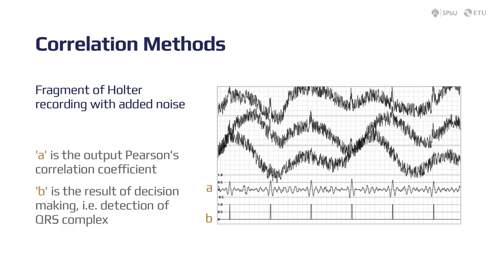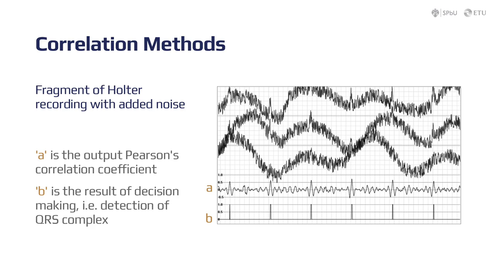Correlation methods. This method assumes the calculation of the cross-correlation function between the input QRS complex and one or more samples of ventricular complexes. Those samples can be either average models of previously discovered complexes or predefined typical complexes. The ventricular complex can be detected when the cross-correlation value exceeds a given threshold, which indicates a high degree of linear dependence of the analyzed fragment and the corresponding sample.